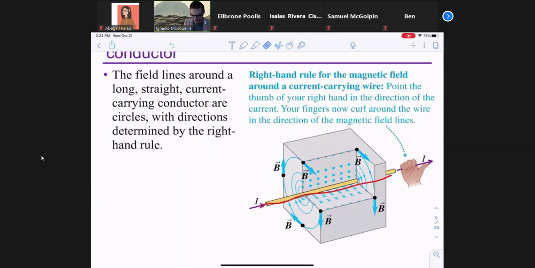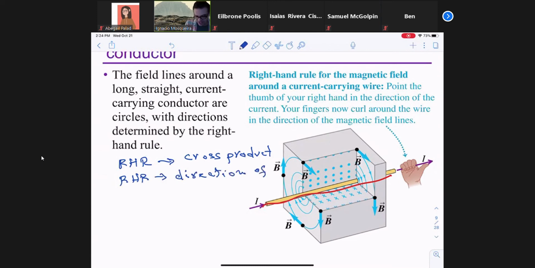So let me write this down. Maybe you should put it in your notes in case you get confused. We have a right-hand rule for the cross product. Then we have a right-hand rule for the direction of the magnetic moment.